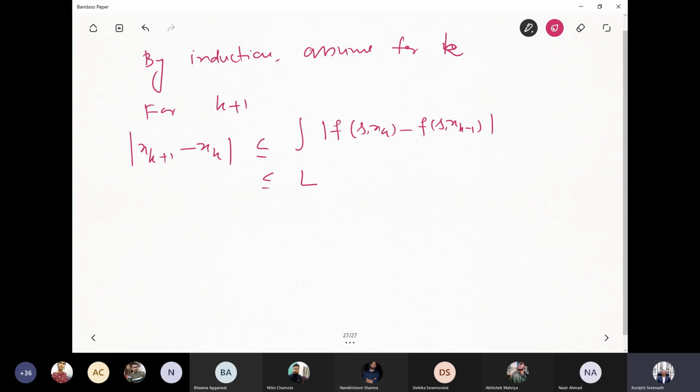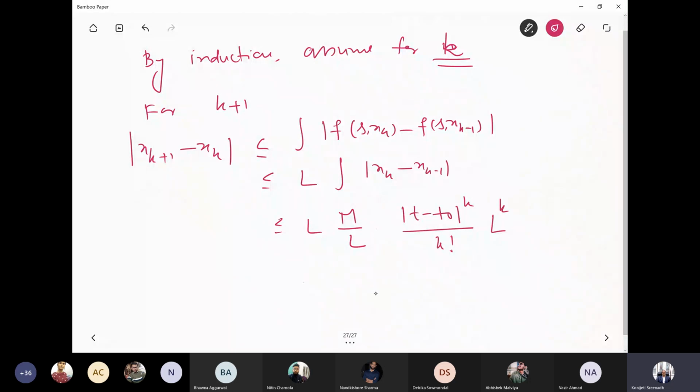This is less than or equal to L times mod x_k minus x_{k-1}. And at the step k, we have an estimate for x_k minus x_{k-1}. That is less than or equal to L into what we assumed, m by L, into mod t minus t0 to the power k, upon factorial k into L power k.